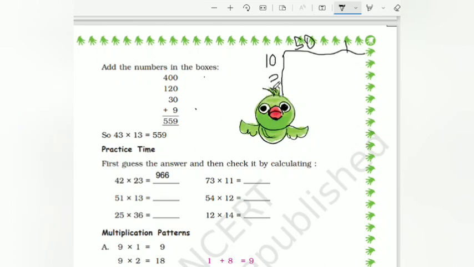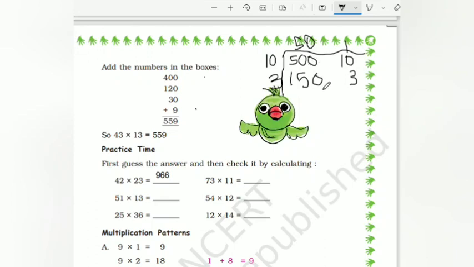So 50 into 10 is equal to 500. 10 into 1 is equal to 10. 3 into 50 is equal to 150. 3 into 1 is equal to 3.